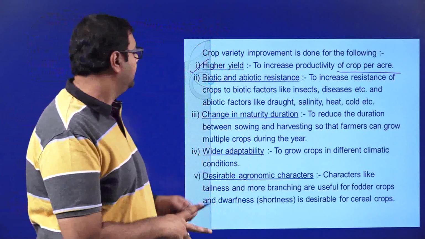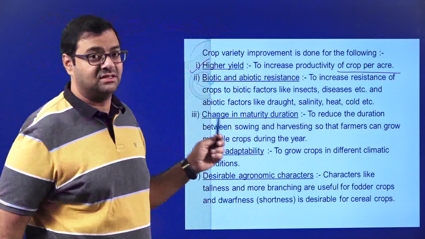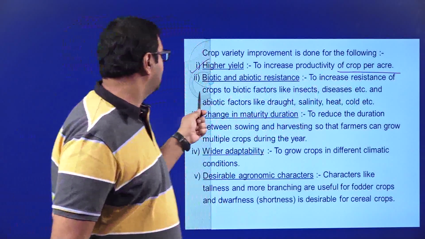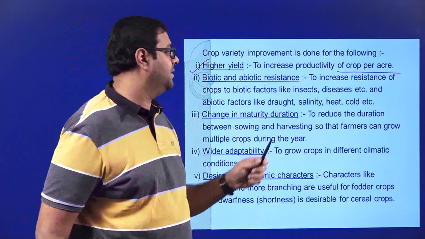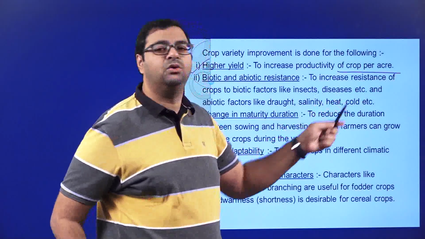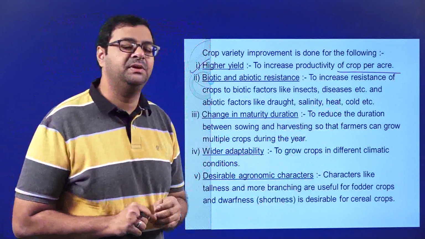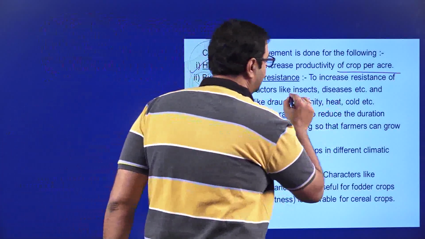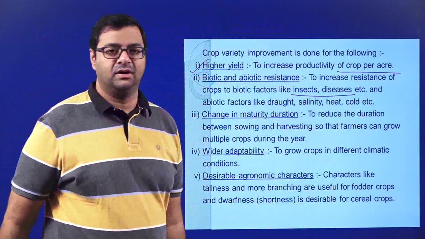Then the next one is biotic and abiotic resistance. Now what is this? It is to increase the resistance of crops to biotic factors like insects, disease, etc., and abiotic factors like drought, salinity, heat, cold, etc. Biotic resistance means the plant should be resistant to biological agents like insects and diseases which are caused by microorganisms.